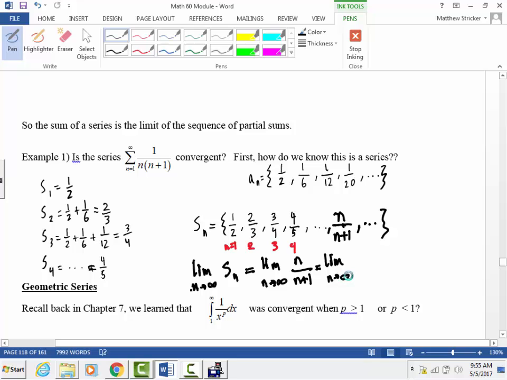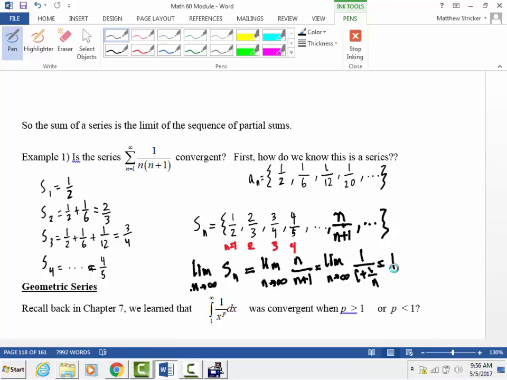Divide everything by n. You get 1 over 1 plus 1 over n, which is 1. So the limit of partial sums approaches 1.